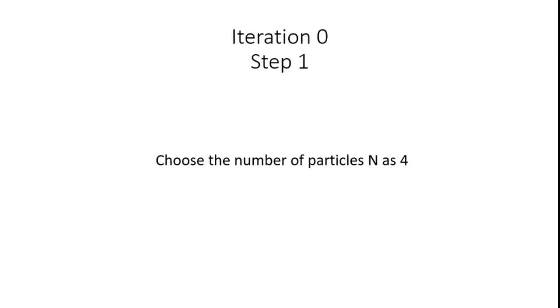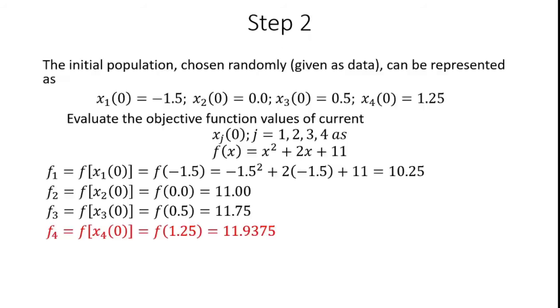Every iteration starts from iteration 0. In step 1, according to our problem, choose the number of particles n as 4, because the problem suggested 4 particles. In step 2, the initial population is chosen randomly or given as data.